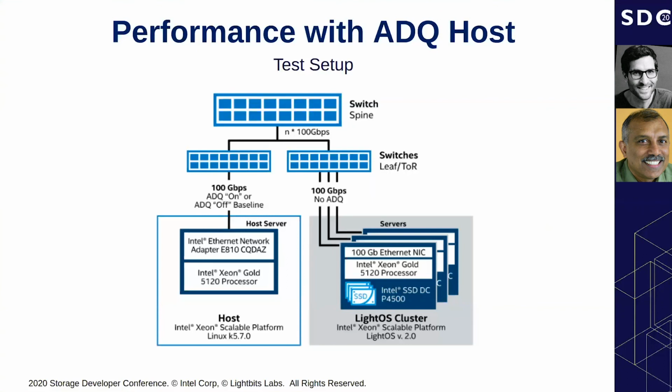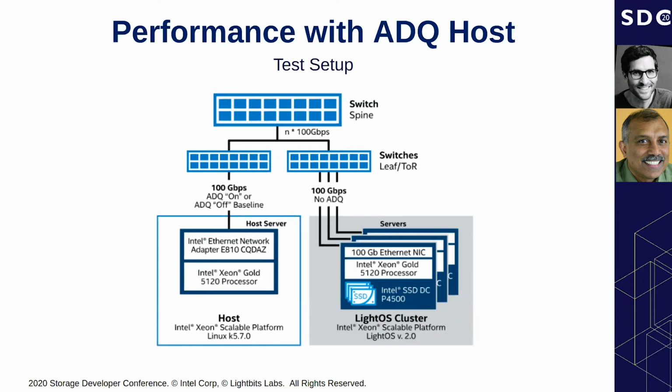Now, what we did is that we used our cluster to test an ADQ enabled host. So we have here in the drawing a host that's connected to its top of rack switch. That host has the ADQ enabled adapter, the E810, running a very mid-range Xeon Gold CPU, and Linux kernel 5.7.0 with all the improvements incorporated in that.